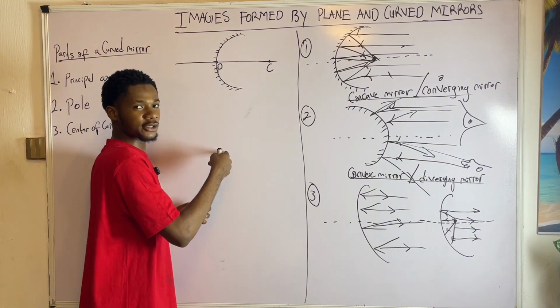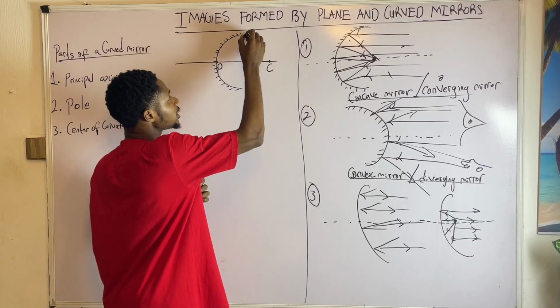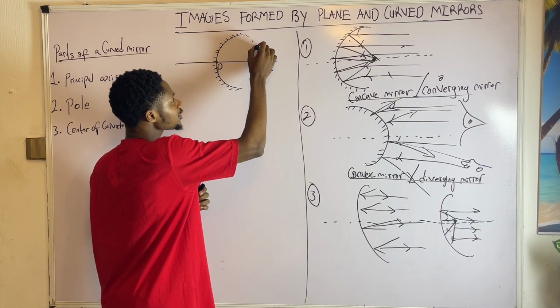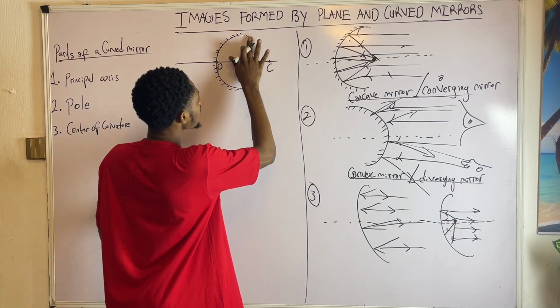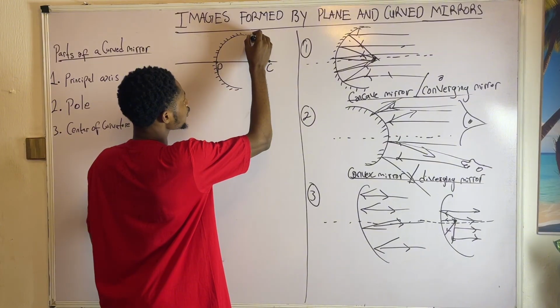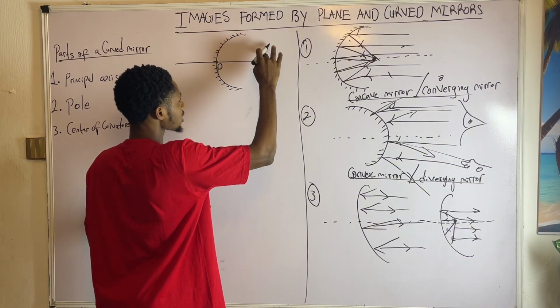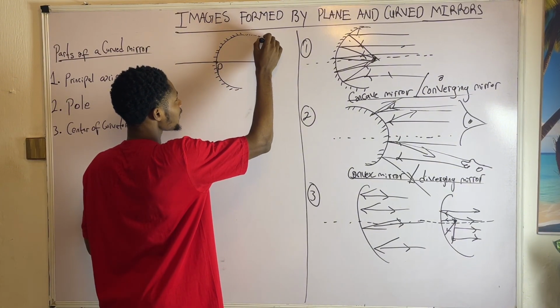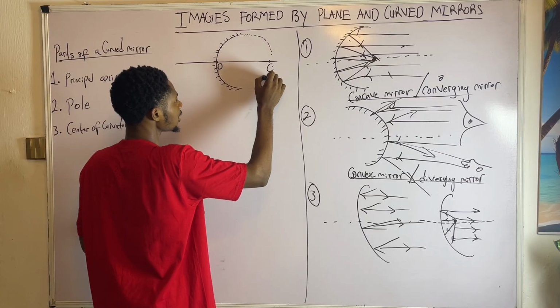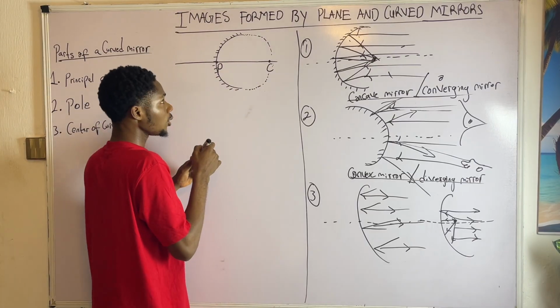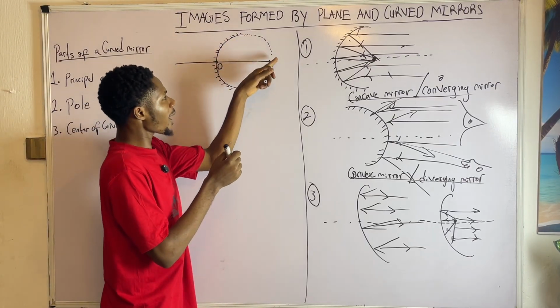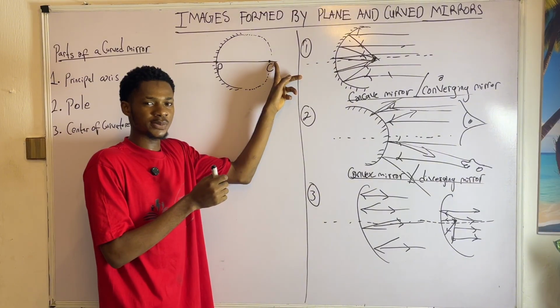Now this sphere, this is actually half of a sphere. If we try to complete the sphere, let me try and draw something. It might not be too perfect because I'm using freehand sketching. If we try to complete the sphere like this, the other curved part is going to pass through another point on the principal axis.